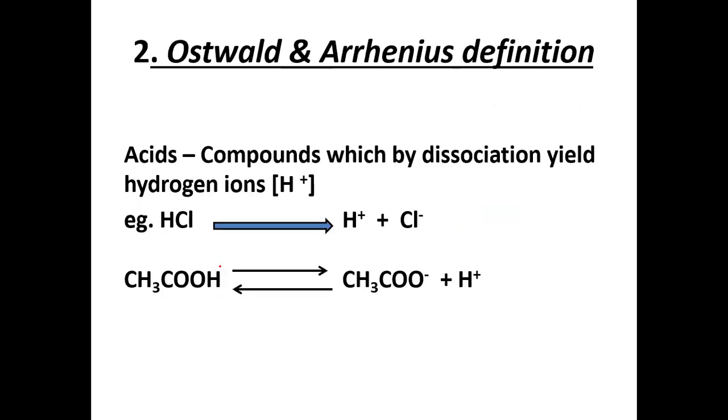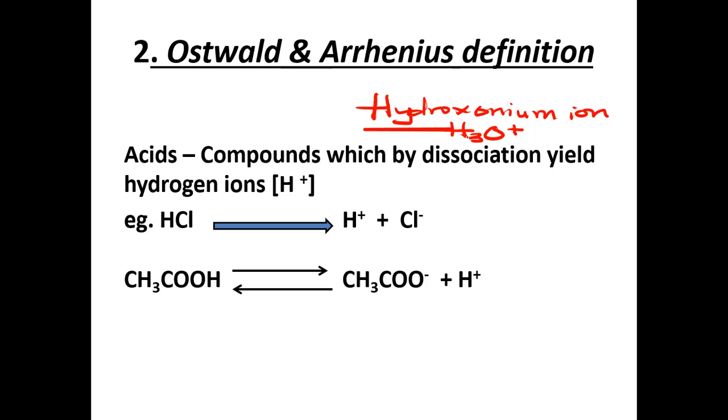There were two scientists, Ostwald and Arrhenius, and they also came out with a definition that an acid is a compound that dissociates in water to produce hydrogen ions. When we talk of hydrogen ions, we can also call it the hydronium ion, which is simply H3O+.